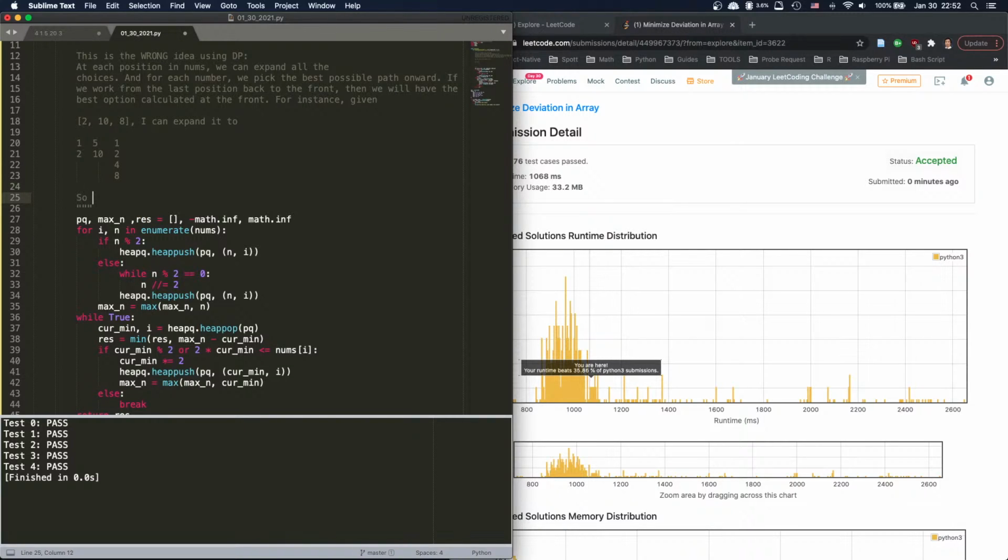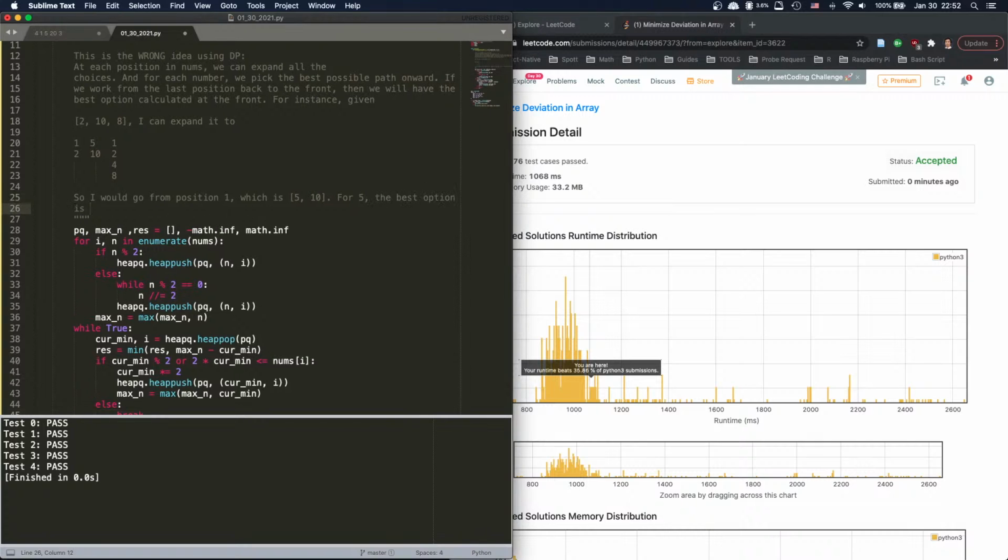So I would go from the position 1, which is 5, 10. For 5, the best option is 4 in the final, and it's in position 2.